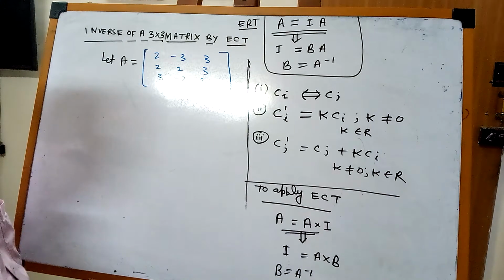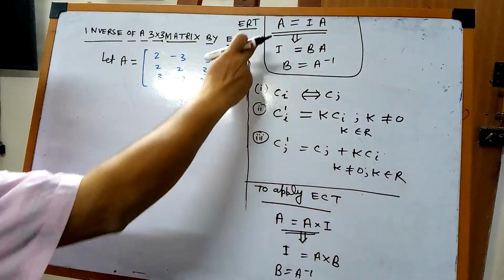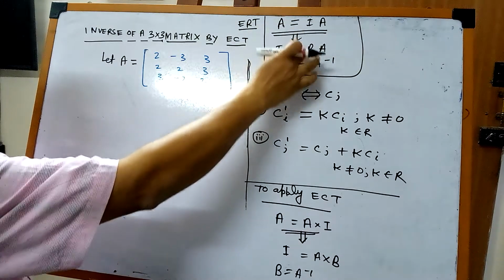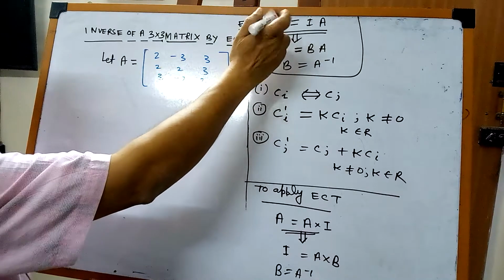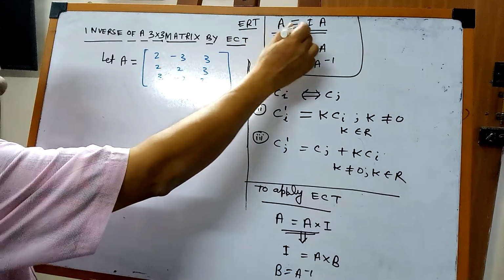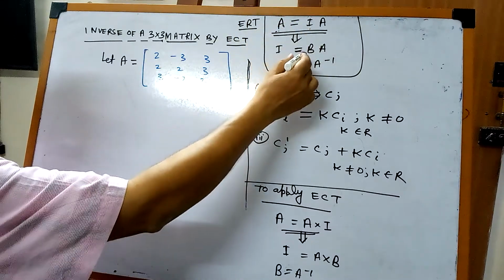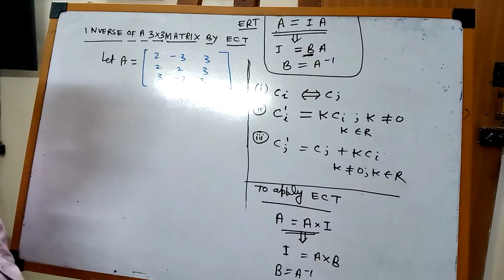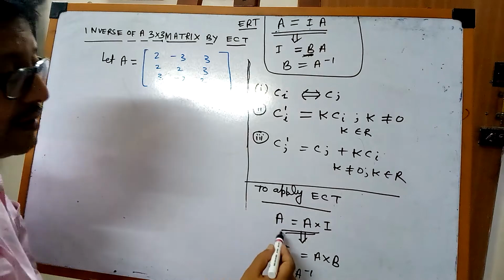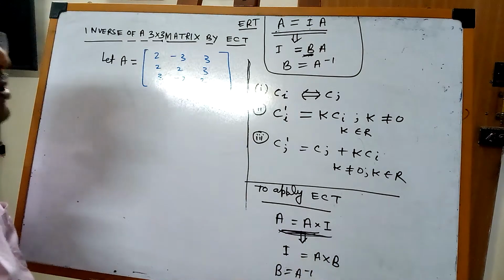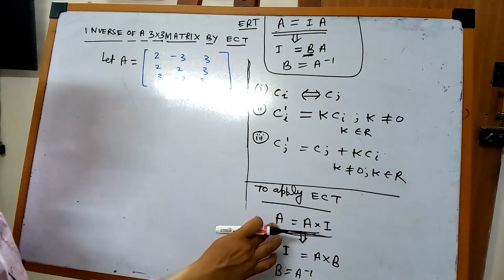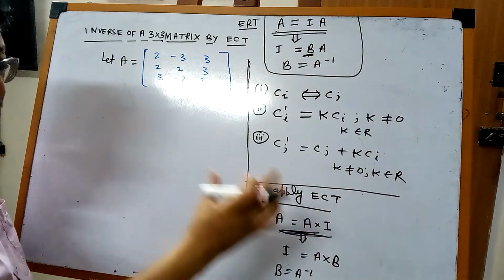And here, in case of row, we express a matrix in this form. Then we gradually realize the matrix B here by applying elementary row transformation simultaneously on these two. Then we say that this matrix what we get finally is the inverse of this. Likewise, in elementary column transformation, we express the given square matrix.